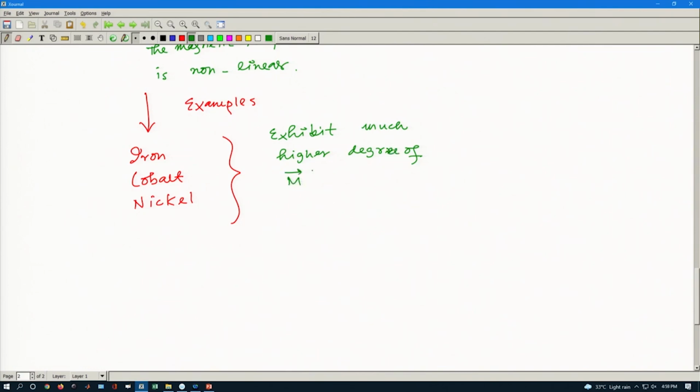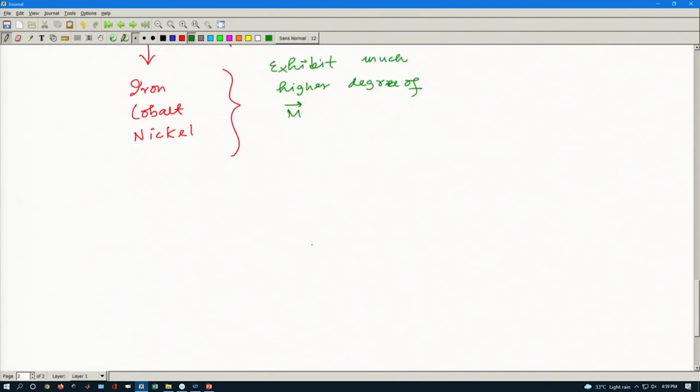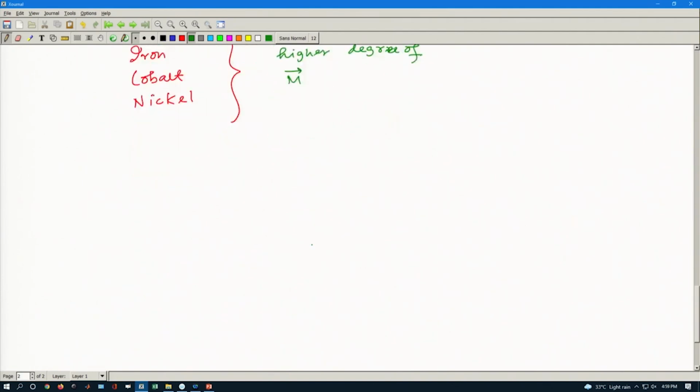Compared to paramagnetic and diamagnetic materials, the magnitude of M, the magnetization, is much higher.